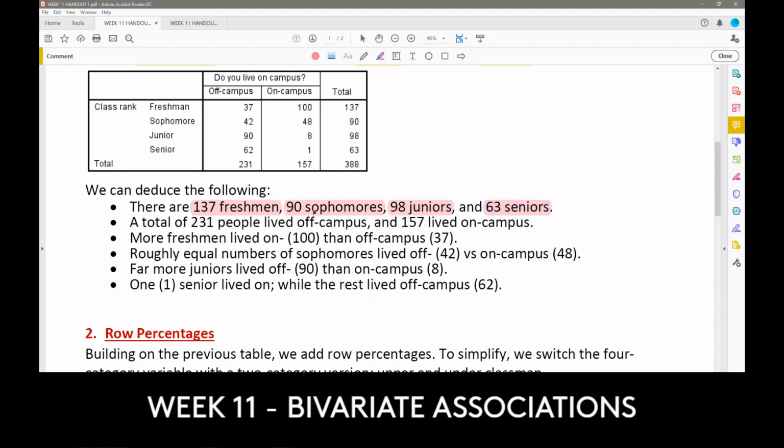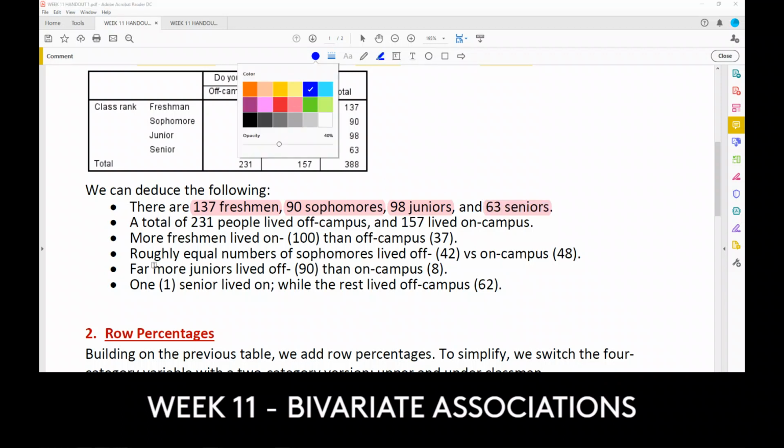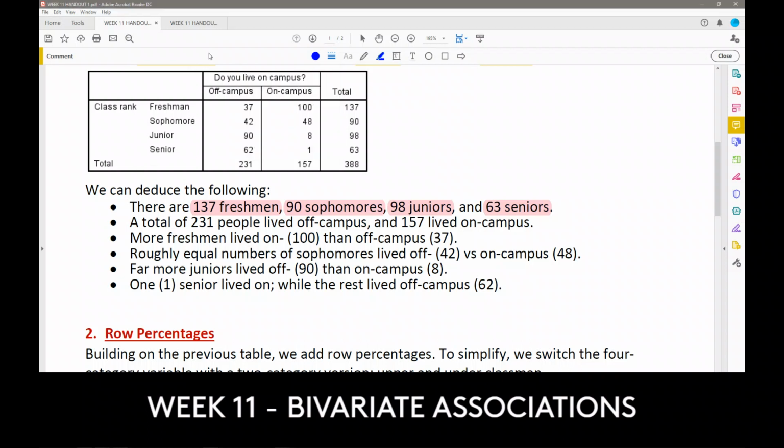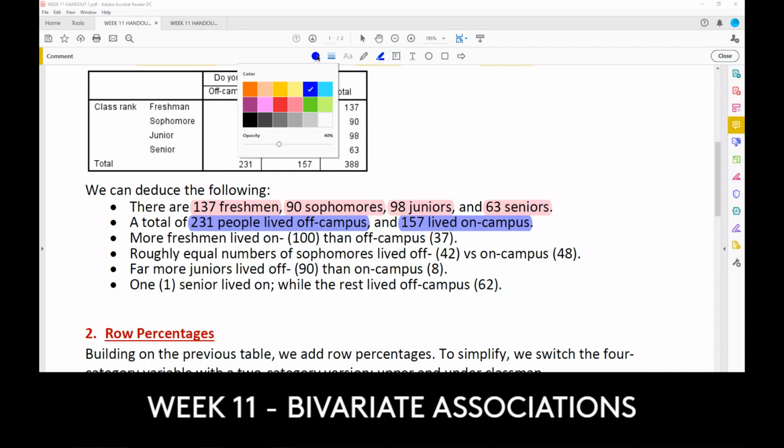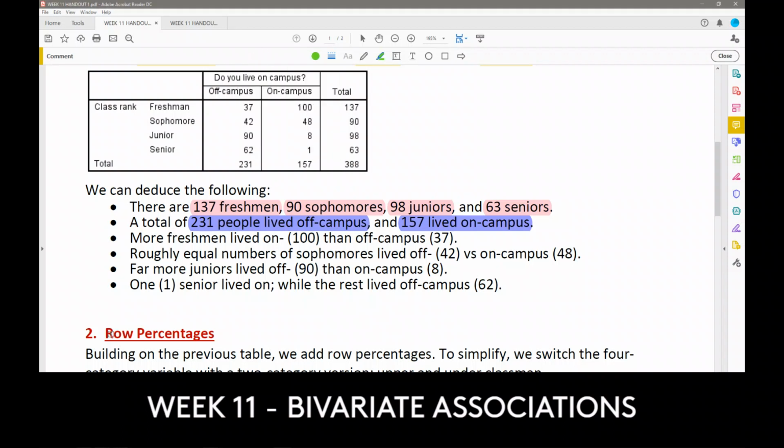Okay, that's pretty straightforward. And then if we look at the other totals, we can see that there are a total of 231 people who lived off campus, which is this value here, and 157 who lived on campus. Okay, very simple, very straightforward.